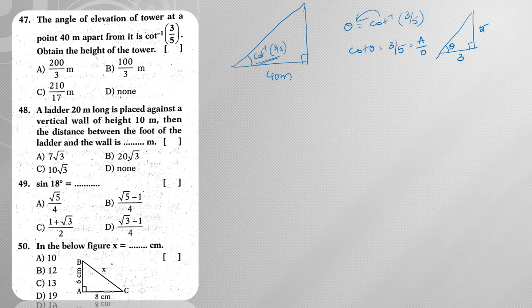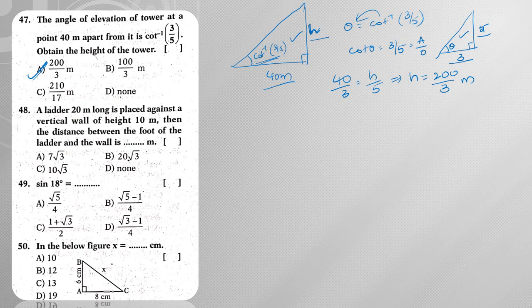Now compare these things. What do I need? I need to find this height. Since these two triangles are similar, directly I can go with 40 by 3 is equal to h by 5. On cross multiplication, h is equal to 5 times 40, so 5 fours are 20, so 200 divided by 3. So height is equal to 200 by 3 meters.